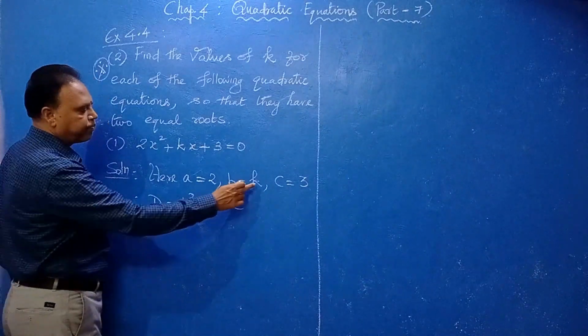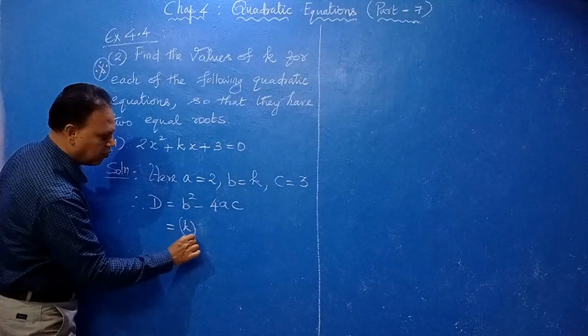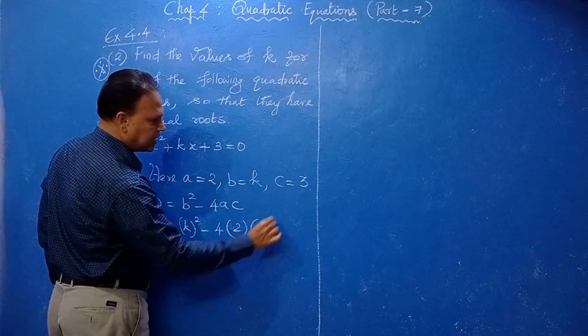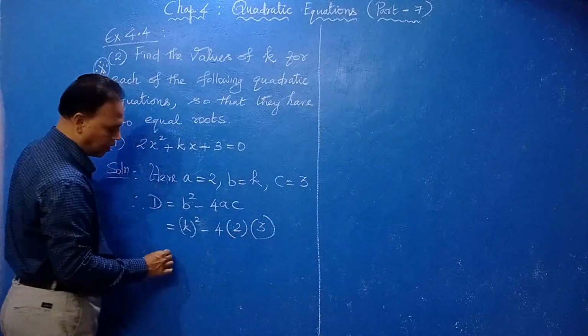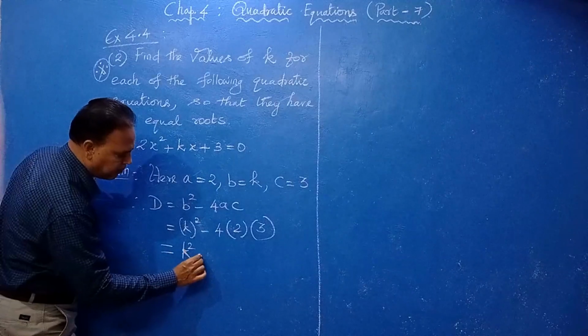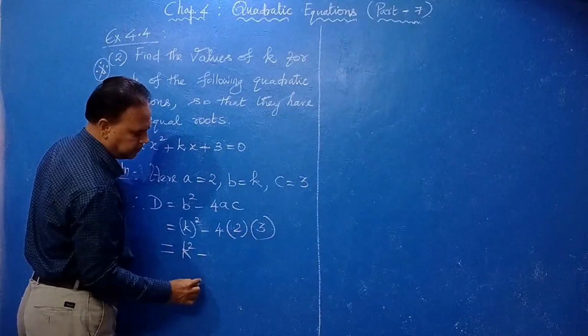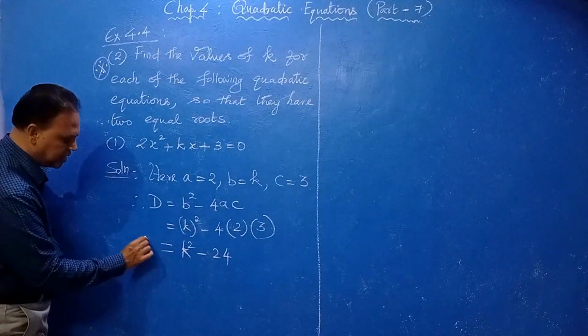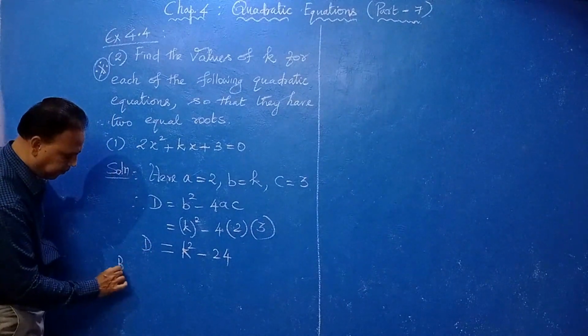Now, B is k, k the whole square, minus 4 into A is 2, then C is 3. So, k squared minus 8 into 3, 24. This is D.